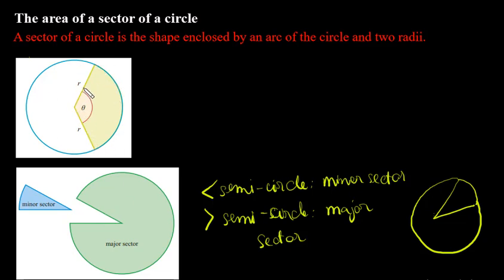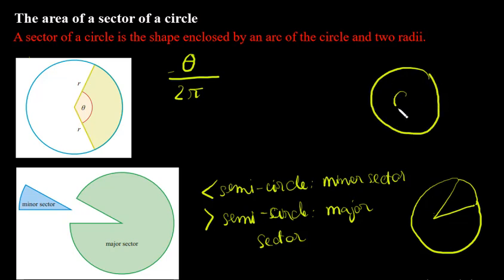This angle here is theta. In order to find this area, we find the fraction theta over 2 pi. Why? Because you know that 360 degree equals 2 pi radians, right?